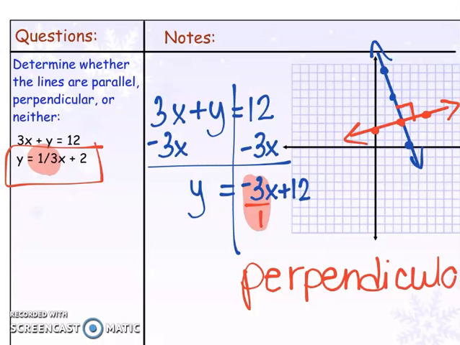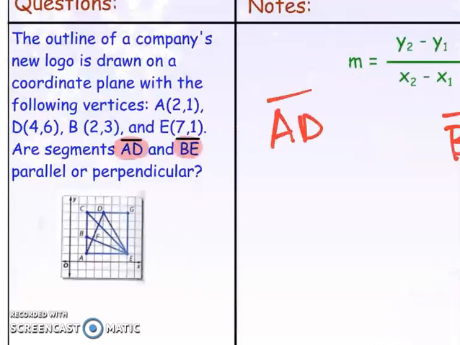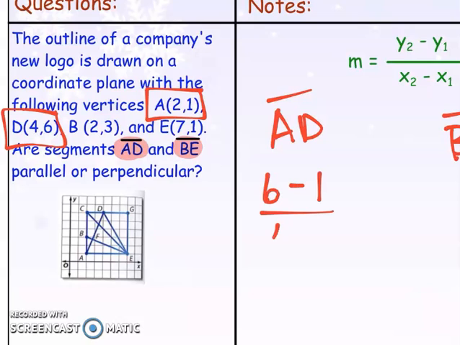All right. Now on our last two slides, we're just using the slope formula to figure out if some segments are parallel or perpendicular. So we've got two different segments here. So AD and BE. So we have to find their slopes using the slope formula. So if I'm going to start with A and D, remember you subtract y coordinates on the top and x coordinates on the bottom.